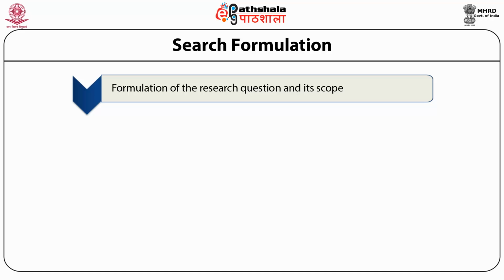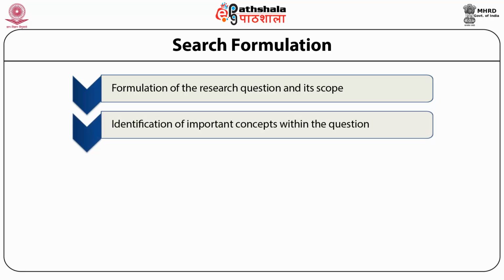So it has to start with the formulation of the research question, and what you want to actually search has to be also decided. And then you have to go for identification of important concepts within the question.